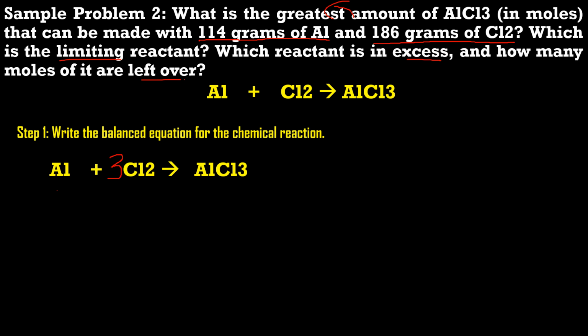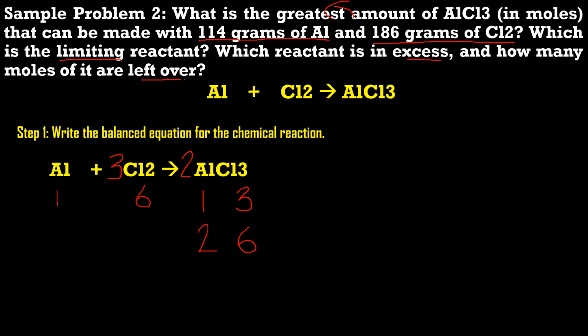So we now have 1 aluminum and 6 Cl, and 1 aluminum and 3 Cl. Since aluminum is the only balanced element in both the reactant and product side, for the product side, we will place 2 as the coefficient for us to get 6 chlorine and 2 aluminum.